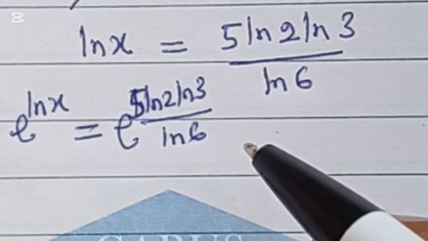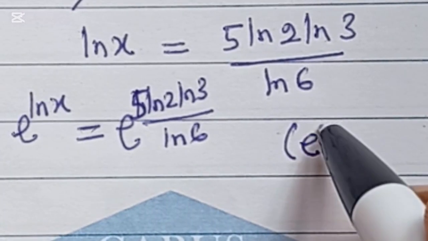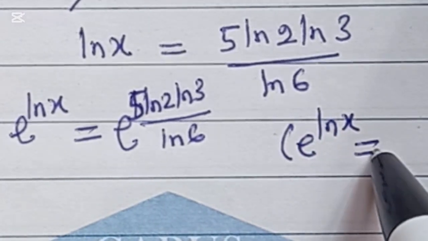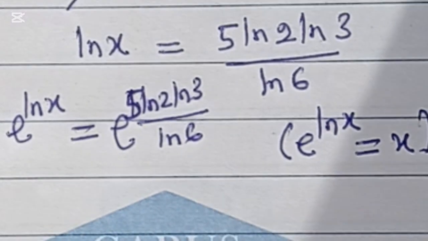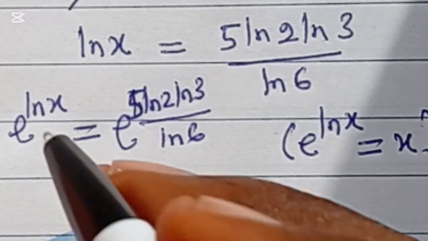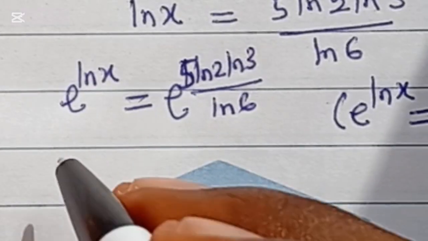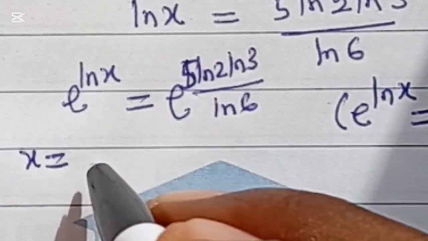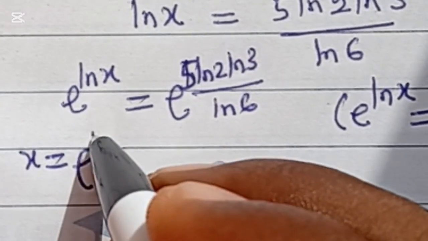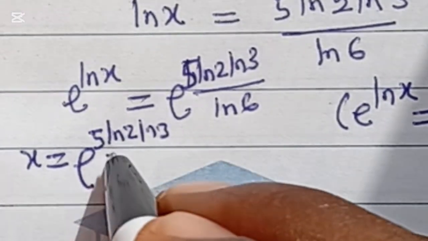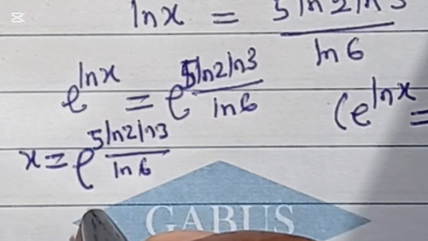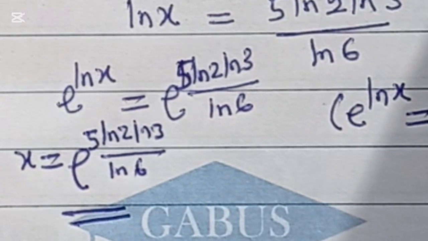And you know that exponent of ln x is equal to x, so on the right hand side x easily comes out, and the value of x becomes x is equal to exponent of 5 ln 2 ln 3 over ln 6. This becomes your final answer.